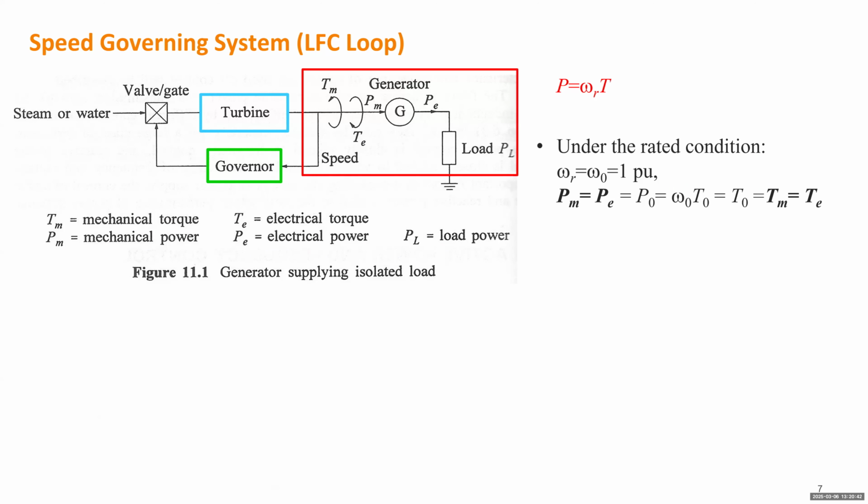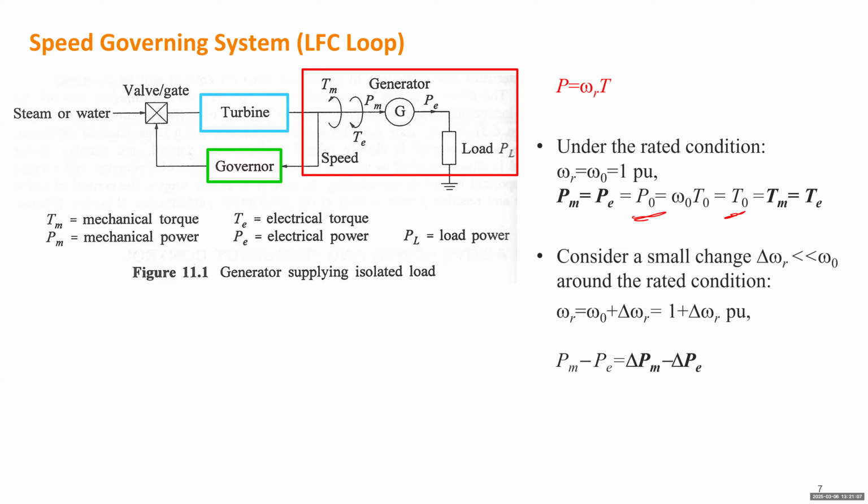All right, so under the rated condition, the mechanical power is equal to the electric power, which I call P0, indicating the system condition. And this is also the same as the rated torque, which is also equal to mechanical torque and electric torque.